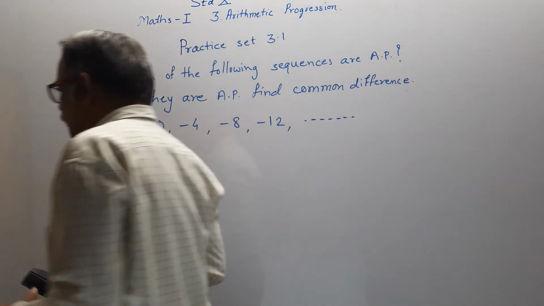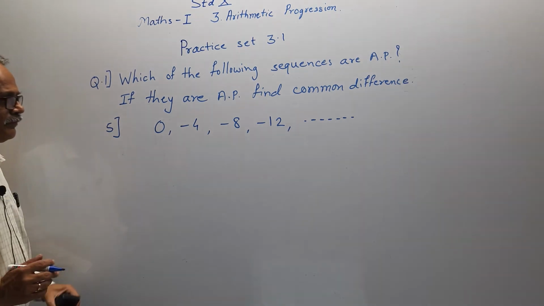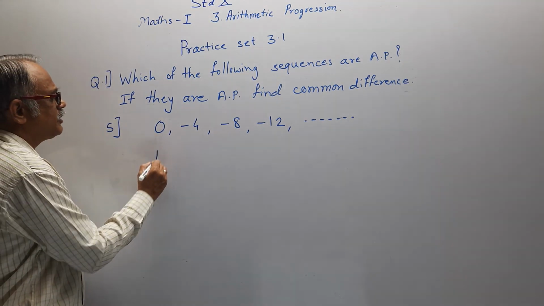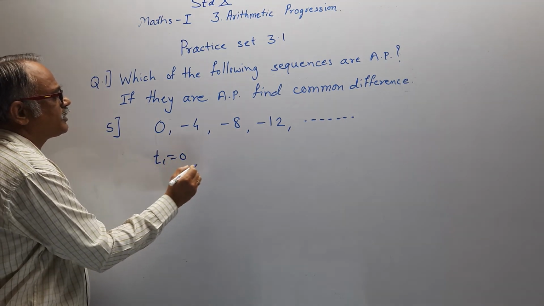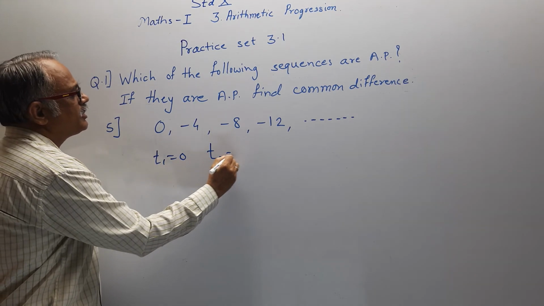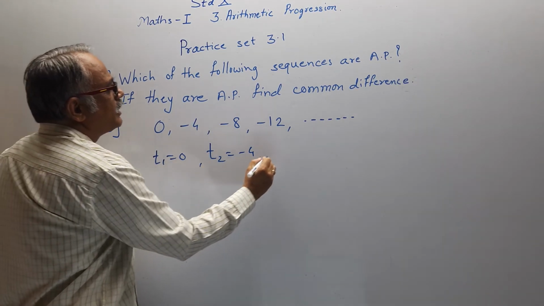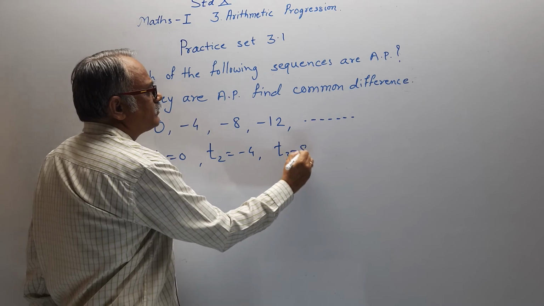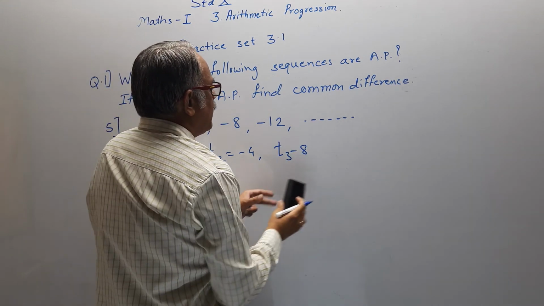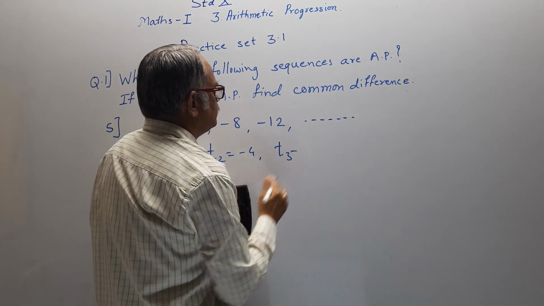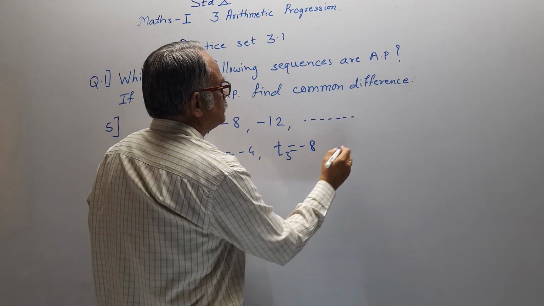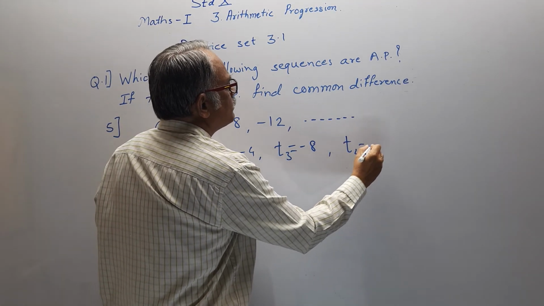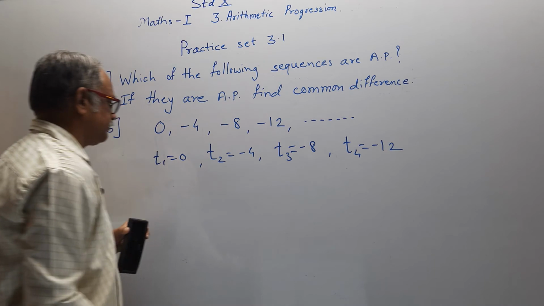Now the fifth sub question. T1 of the sequence is given as 0, T2 is minus 4, T3 is minus 8, and T4 is minus 12. As there are 4 terms, we have to do it 3 times.